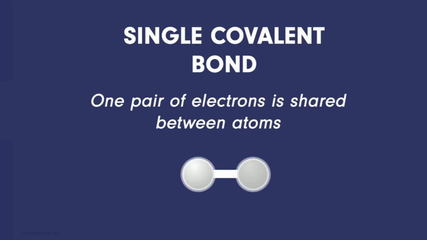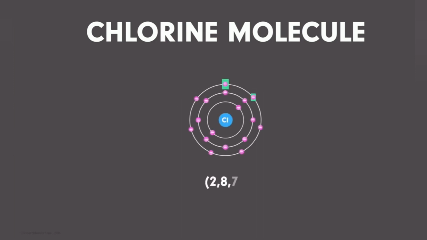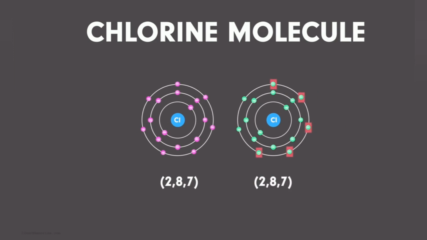A simple example that explains this type is the formation of a chlorine molecule. How do you think this molecule was formed? We know that chlorine has 7 electrons in its outermost shell. That means only one electron is needed by it to complete the octet. Now, here's another chlorine atom which again has 7 electrons in its outermost shell.